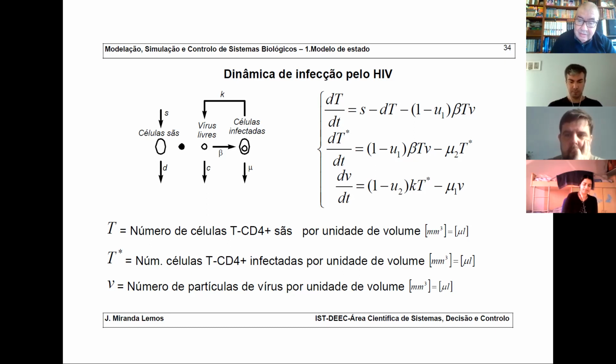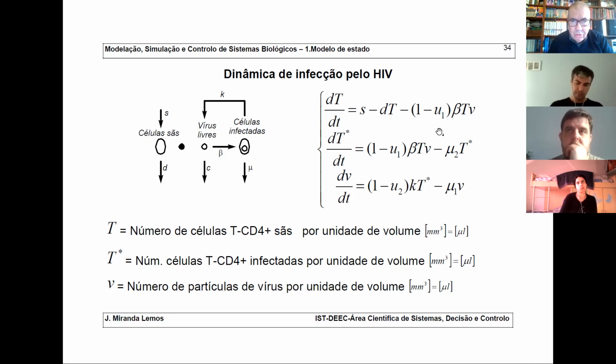And this drug will have some effect. You have a minimum effect, which is 0, and a maximum effect in some units. You can normalize it between 0 and 1, or 0 and 100. In this case, this u1 is such that it varies between 0 and 1.